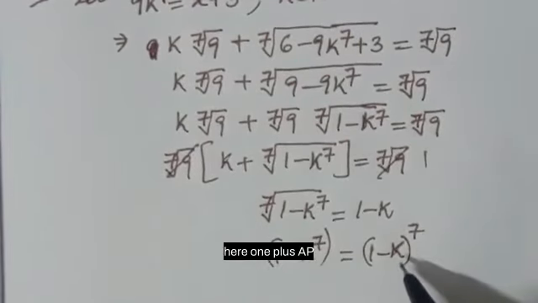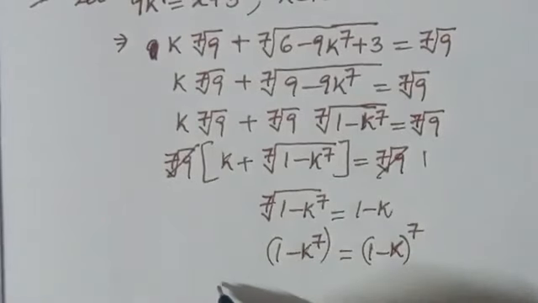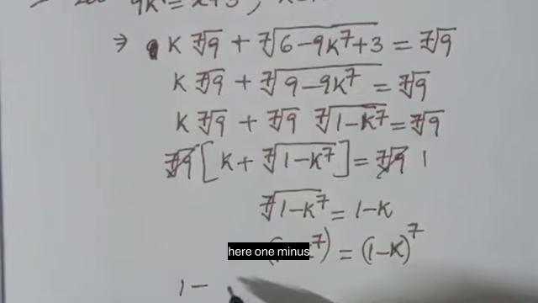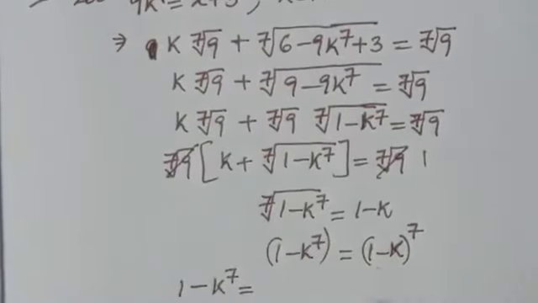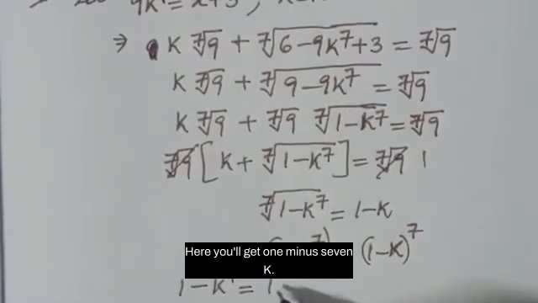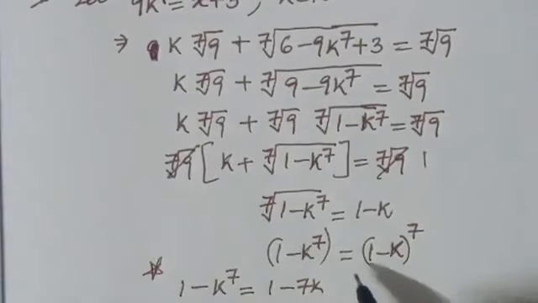Here, (a minus b) whole power 7. Here, (1 minus k) to the power of 7: you'll get 1 minus 7k. This step is very important now.